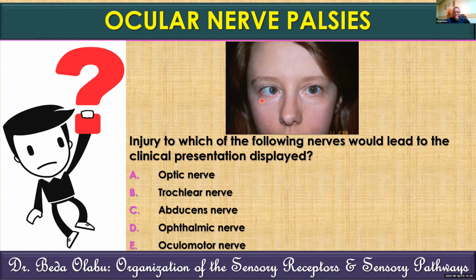In this particular lady, the eye is facing medially, which means if it is about paralysis of some muscles, then the muscle that is paralyzed is the muscle that is supposed to be taking it laterally. Because of the absence of that action, the eye has a dominant medial deviation.